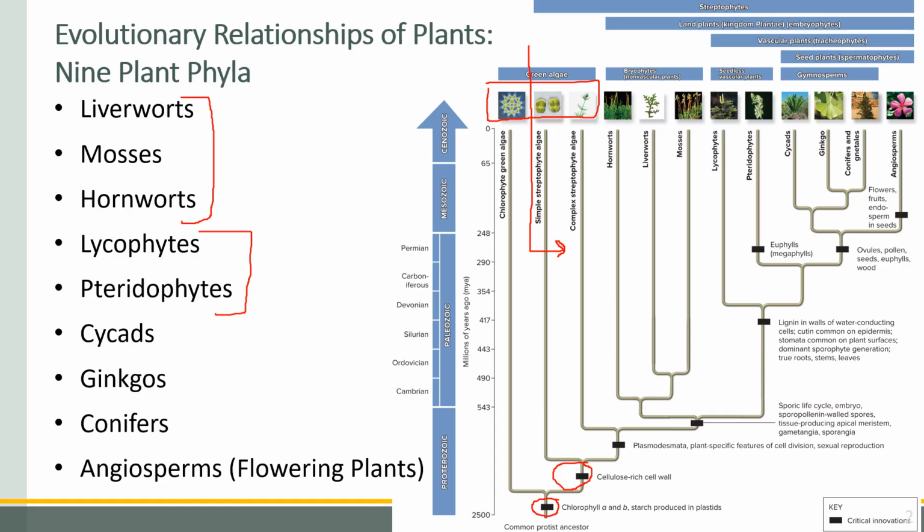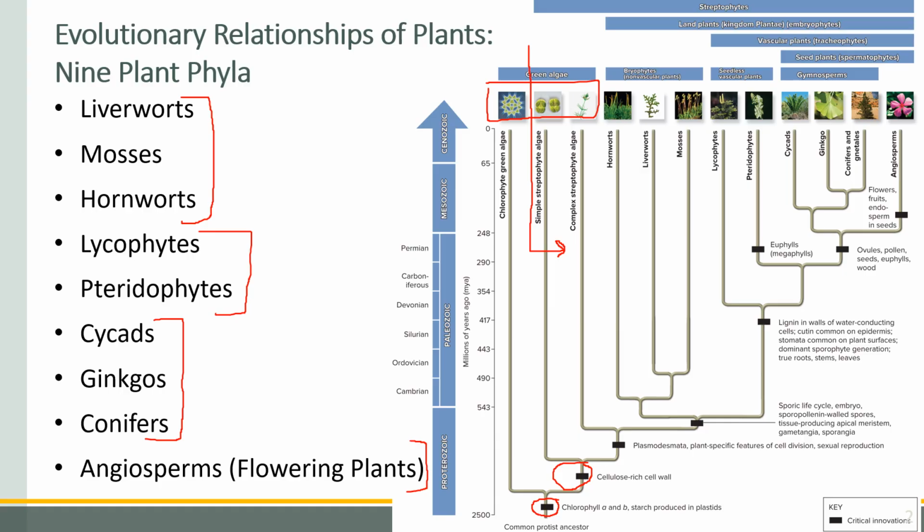These are our seedless vascular plants. These are basically our ferns and fern relatives. And then our third group is going to be the gymnosperms. These are our cone-bearing plants, our naked seed plants. And then our fourth group are the angiosperms.